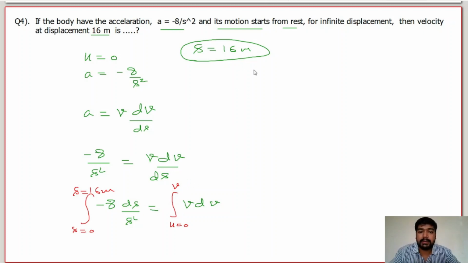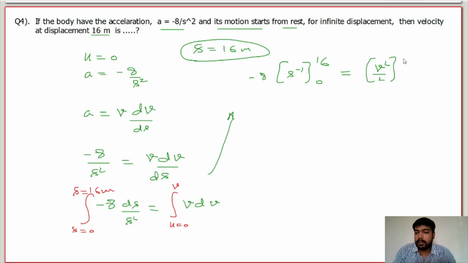Okay, let's do the calculation here. This is the integration of 1 upon s square, which becomes minus 1 over s, from 0 to 16, and v square by 2 from 0 to v.